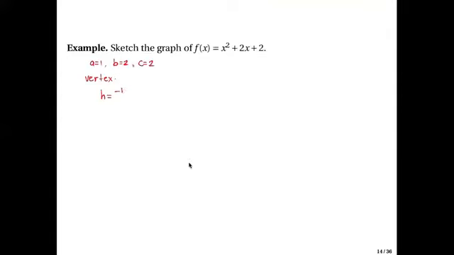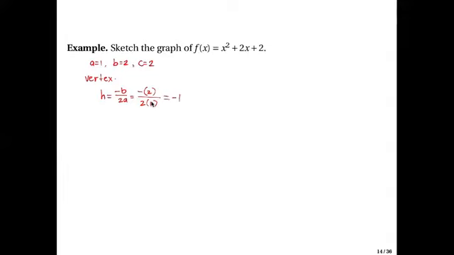So we have negative b, which is 2 here, all over 2 times a. Here a is 1, so 2 times 1. If you simplify this, this is just negative 1.